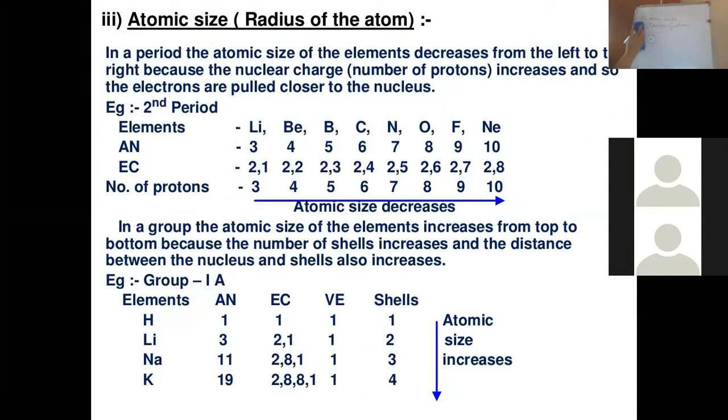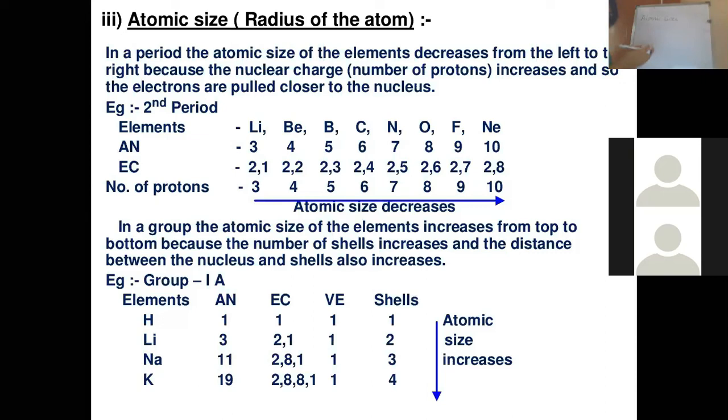Now we will see what happens to the atomic radius once we move across the period. In the period, the atomic size of an element decreases from left to right. Why?